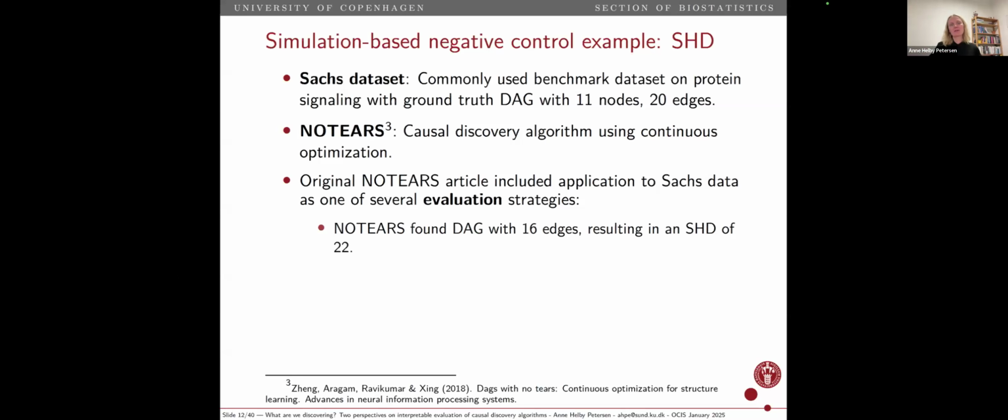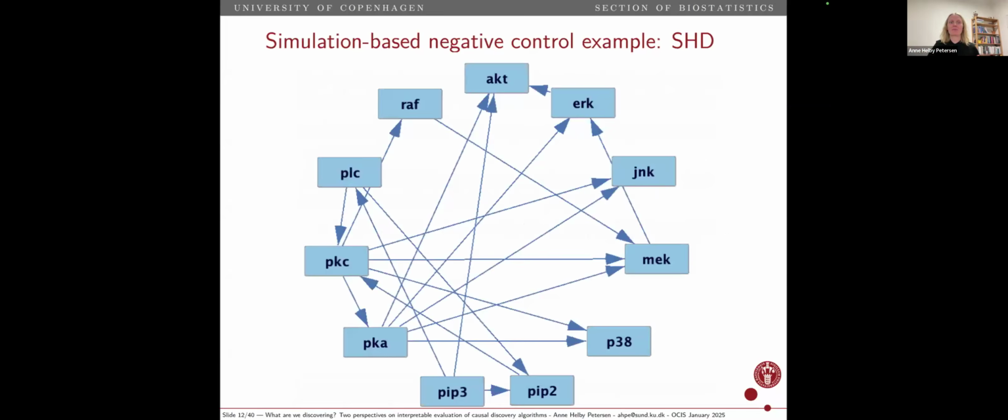In the original paper that I've cited down here, they include an application to the SACHS dataset as one of their evaluation strategies. What they found was a DAG with 16 edges, and a structural Hamming distance of 22 for that DAG. They don't show the DAG, so I haven't included it, but that's what they report.